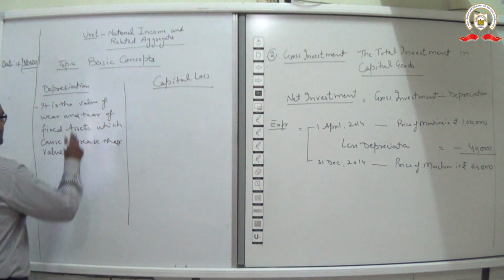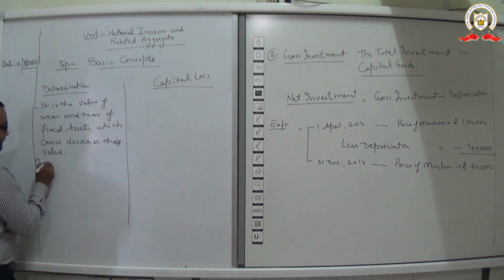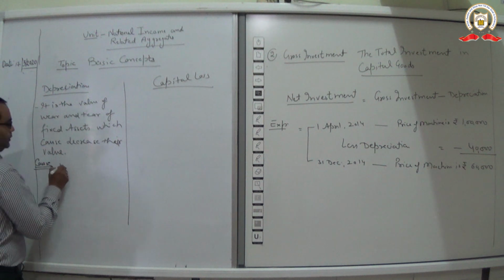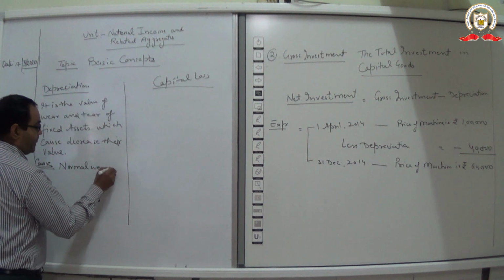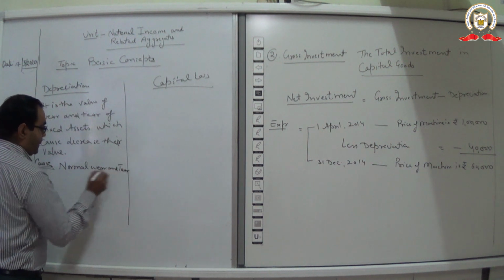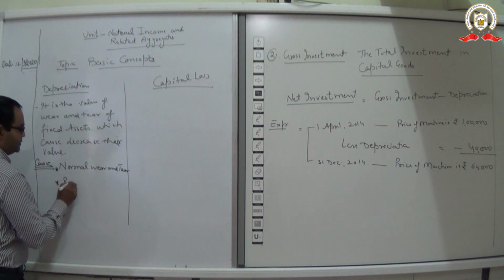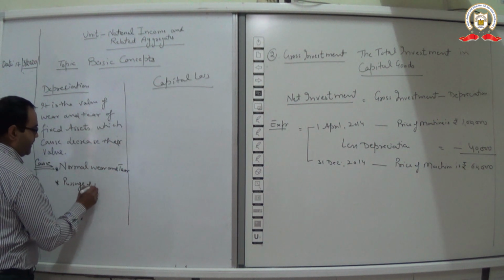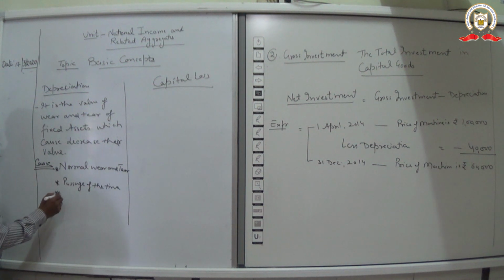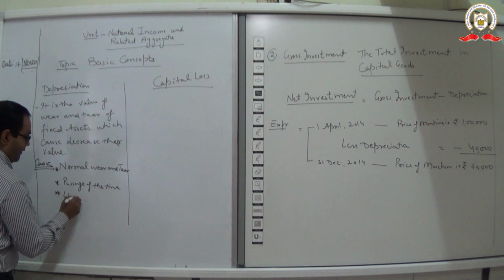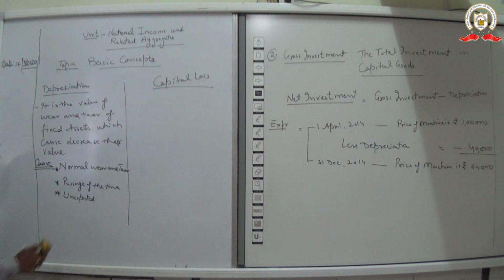So three things come in the depreciation. The causes: normal wear and tear, passage of the time, expected obsolescence.